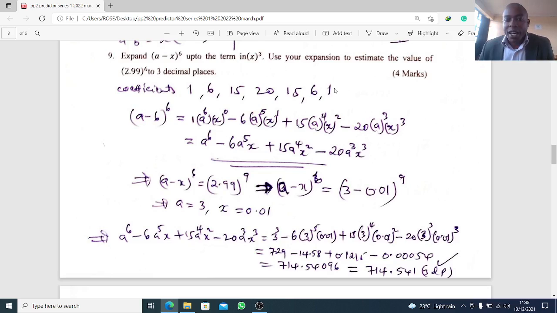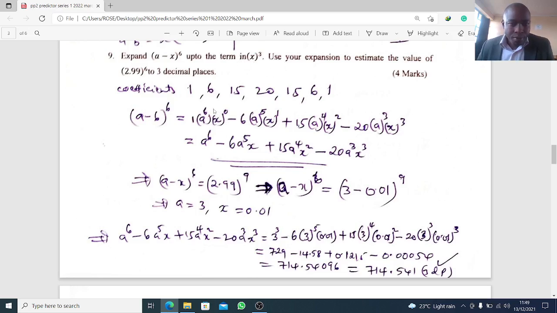So you will finally, that is minus, plus, and finally plus 1, a power of 0 and x power of 6, times 1. But we were to reach x power of 3 according to the instruction.